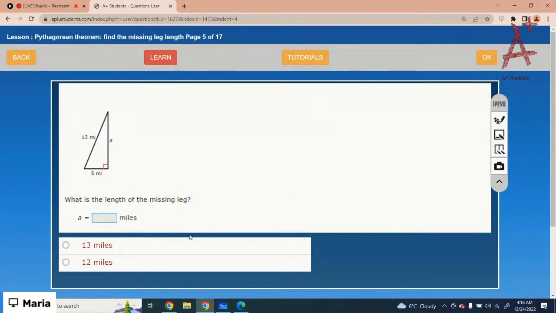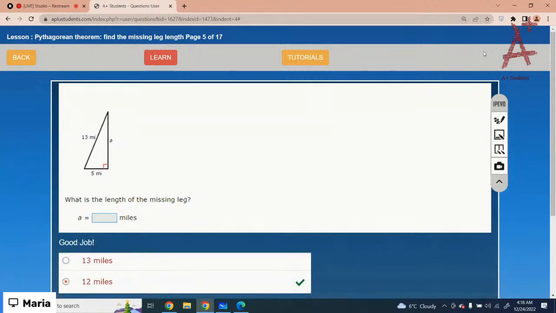It is 12 miles. Got it? Just select the correct option, then click on the OK button. 12 is the correct option.